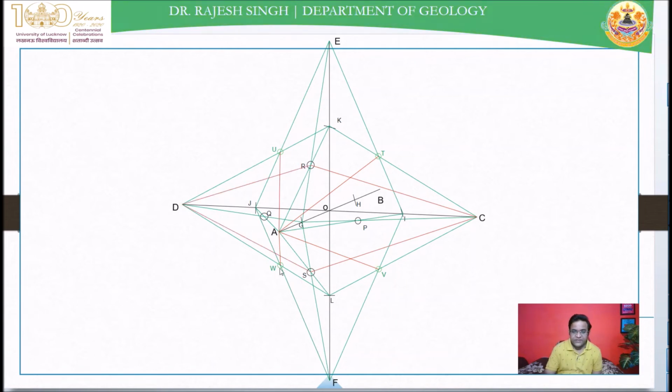So RS with the endpoint of the A2 axis. Now PQ with the end of the A3 axis.